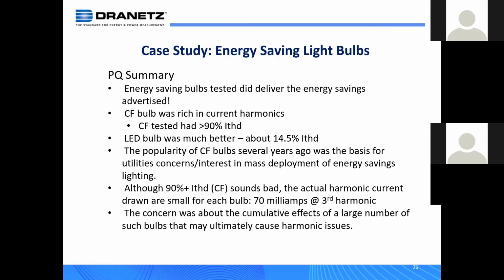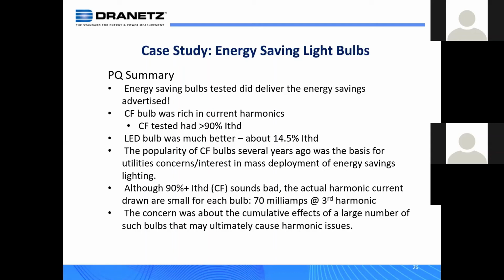So you think of 70 milliamps on a 15 amp circuit, that's negligible, okay? And even with a lot of lighting on that circuit, it's still negligible. So I think that was the reason why it didn't become a big problem, at least here in the United States, because yes, they look worse on paper, but the actual distorted current draw was much smaller than that of a full incandescent light bulb.